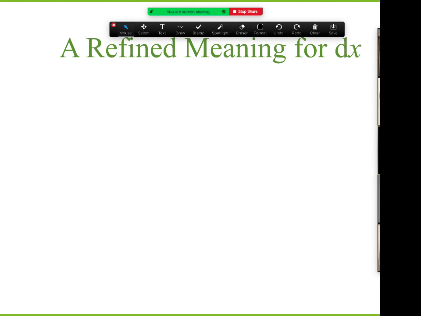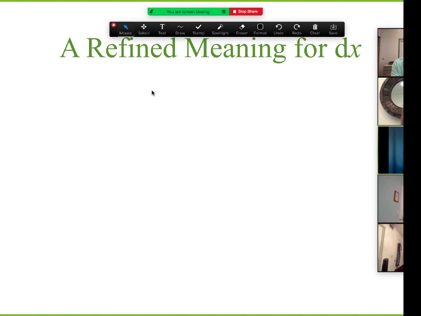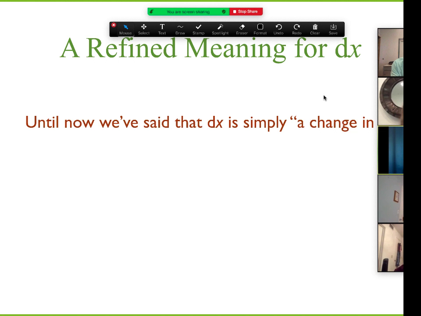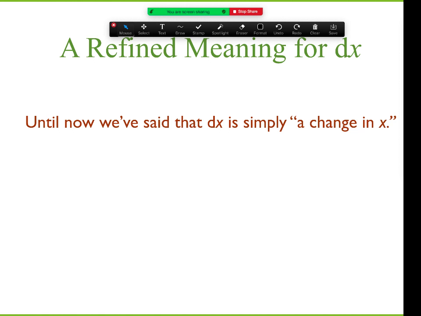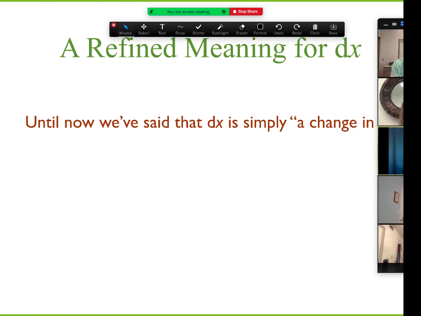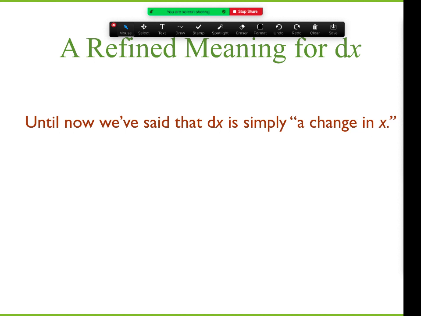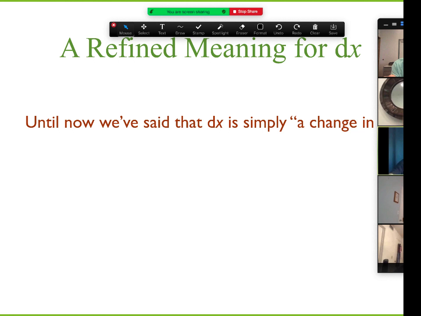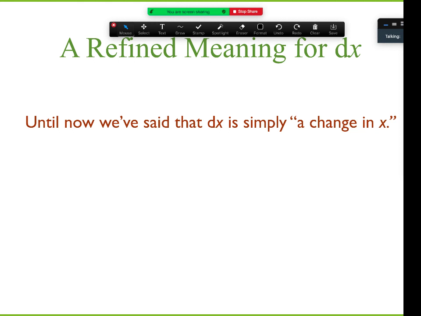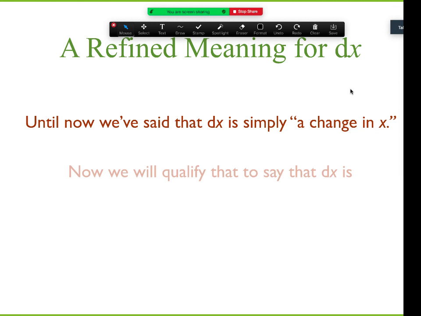All right, so let's start with a refined meaning for dx. Now we've simply said it was like a variation or a change in x. So now we're going to qualify that to say that dx is a little variation in x. Okay, it's small, a small variation in x.